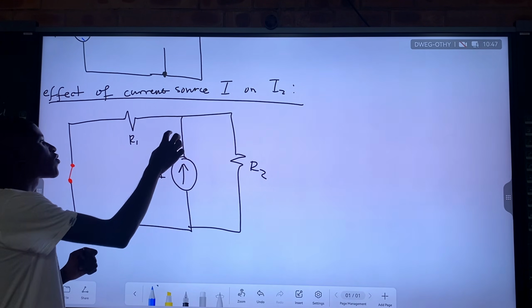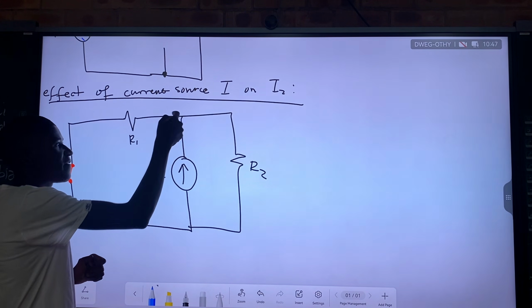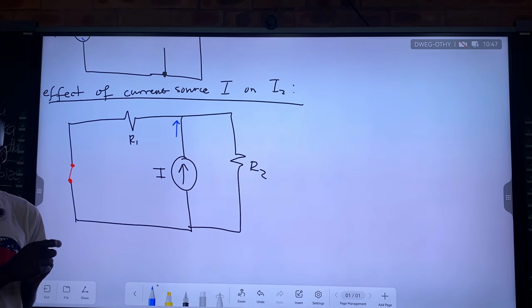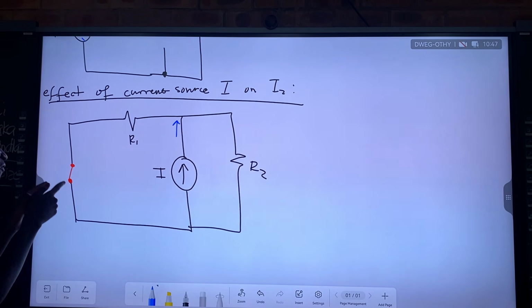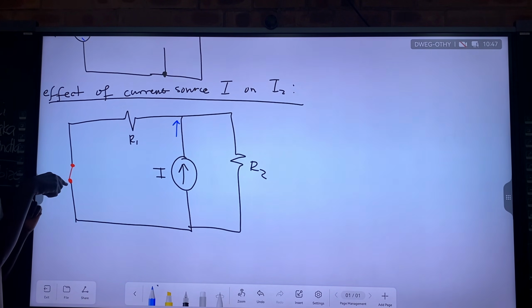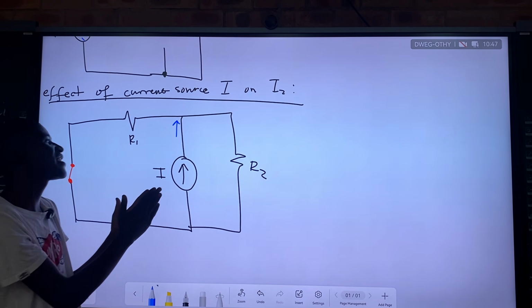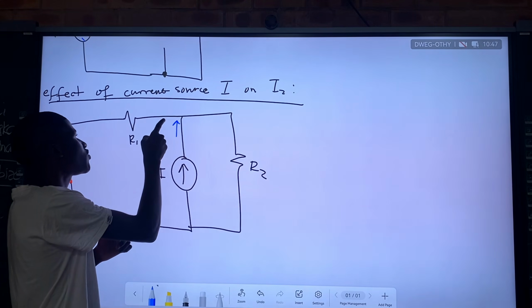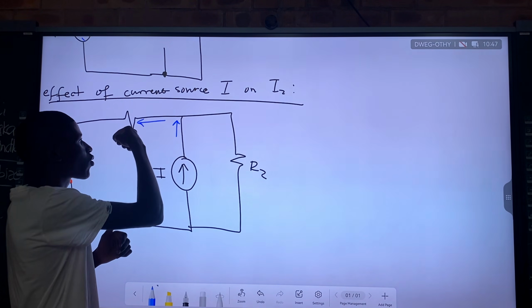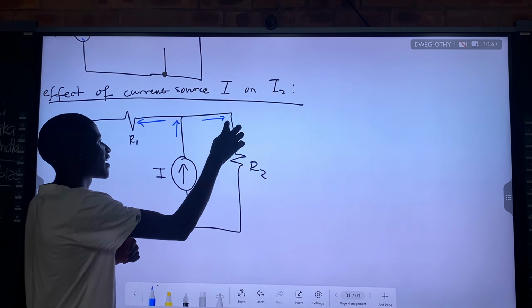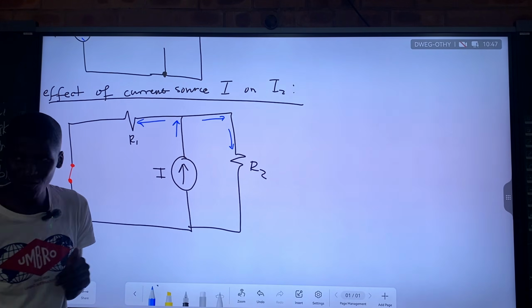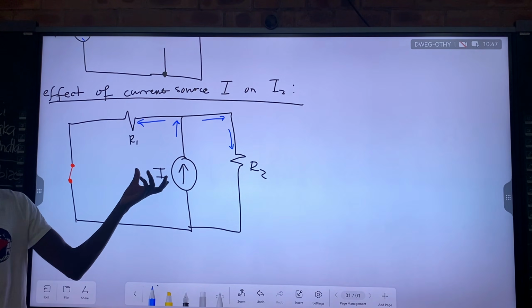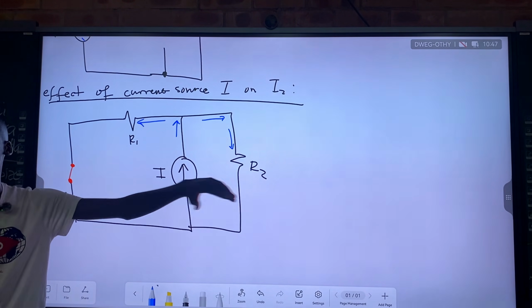When we analyze the current through I, at this point, it splits, because there is no voltage source. Just pretend there is no voltage source here. So this is more like a parallel combination because we have a current source I that is going to split. One current will go to R1, another part of the current will go to R2. Not the entire current I will go to R2, not really.